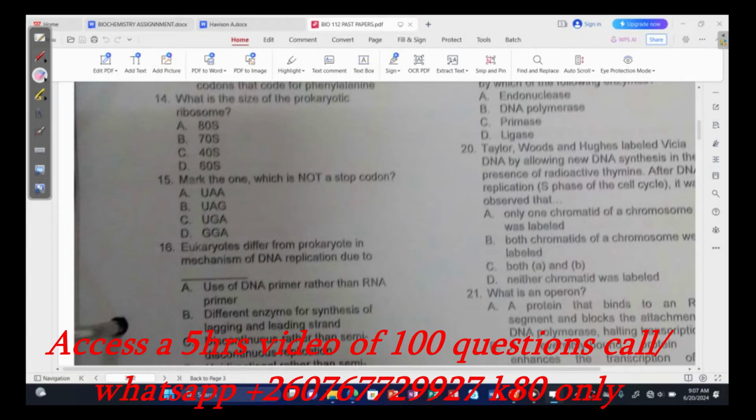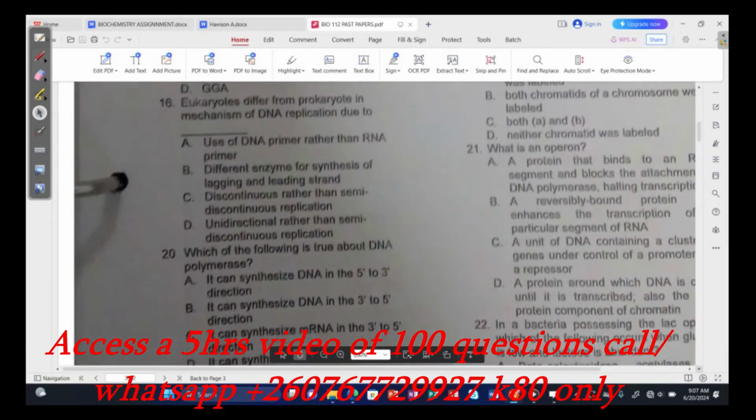Question 16, which reads, eukaryotes differ from prokaryotes in mechanisms of DNA replication due to. So we're looking at the difference in which eukaryotic DNA replication differs from prokaryotic DNA replication.